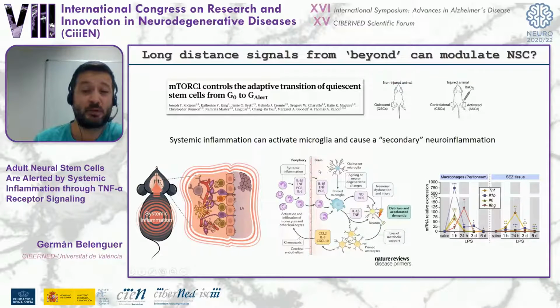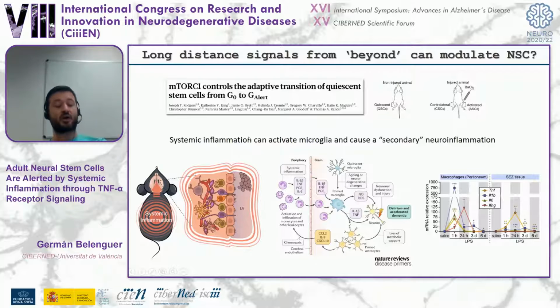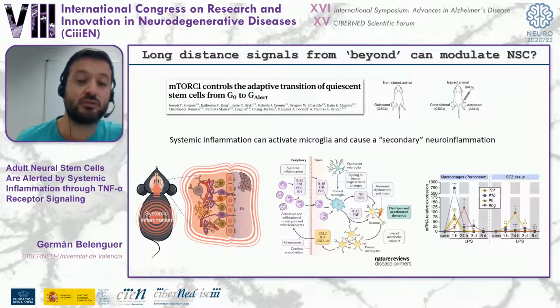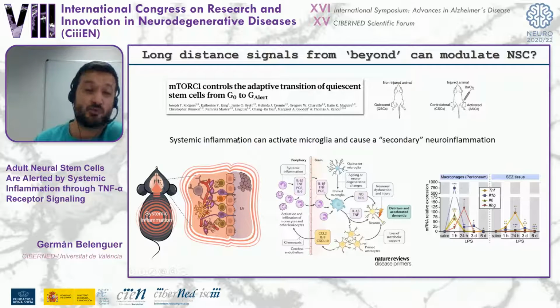So we thought that this is a nice scenario to test whether quiescent neural stem cells could be regulated by long-distance signals. We thought that systemic inflammation could be a good model to test, because it's well described that it activates microglia and can also cause a secondary neuroinflammation in the region.